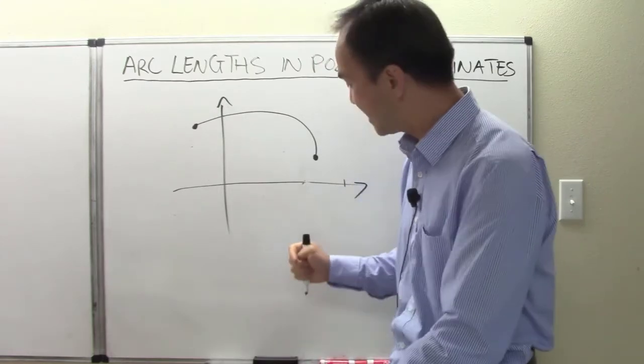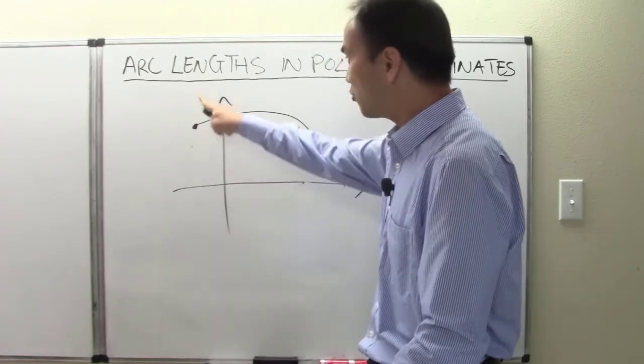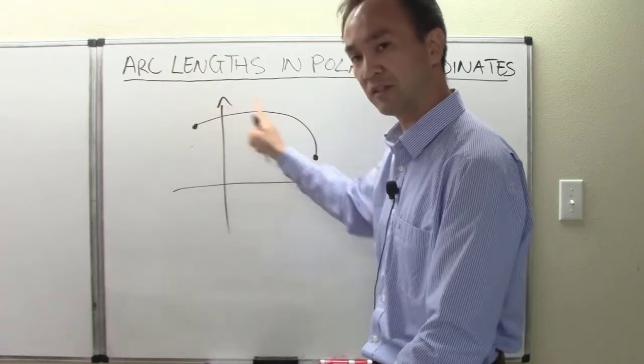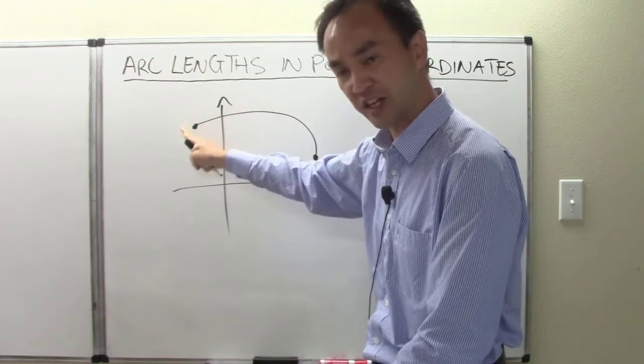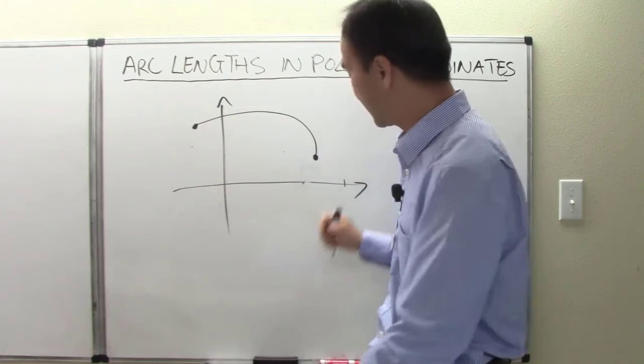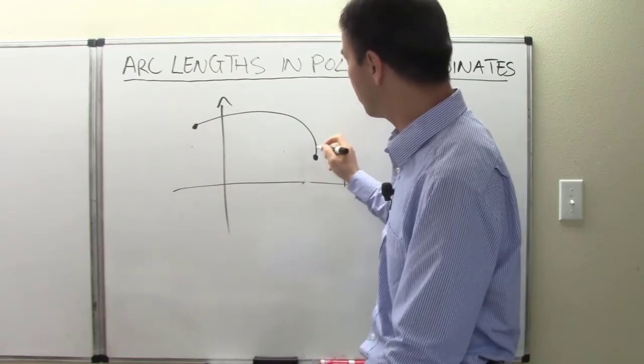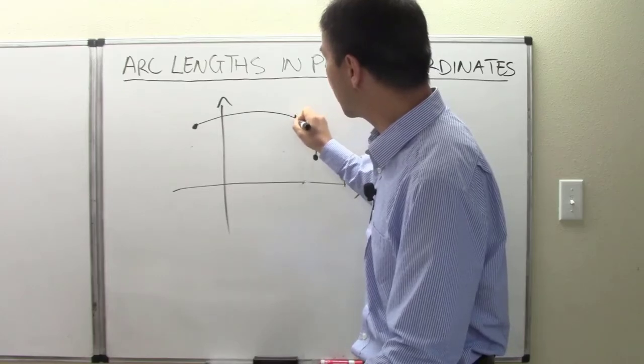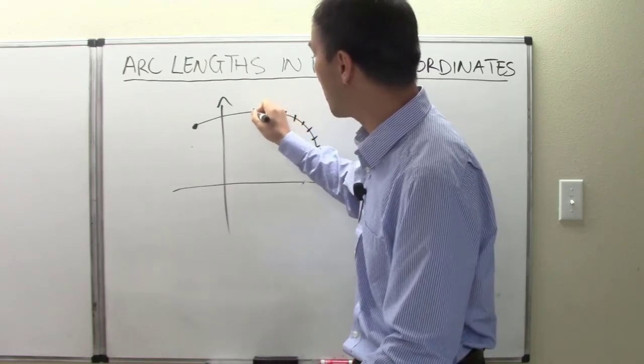So here it is. Anytime we're calculating arc lengths or the length of a curve or a piece of curve, a short segment of a curve, then we think about partitioning the curve into infinitely as many subsections as possible.